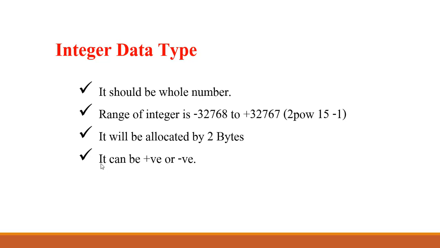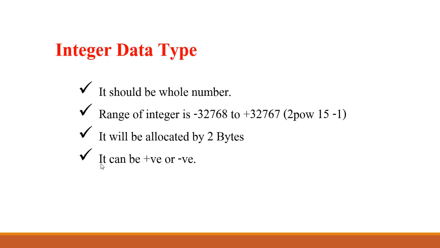So when you give decimals for integers, you will get the wrong output because you gave wrong input. That's why, if you specify the data type as integer, you have to give whole numbers only, without points. Then only will you get the proper output.